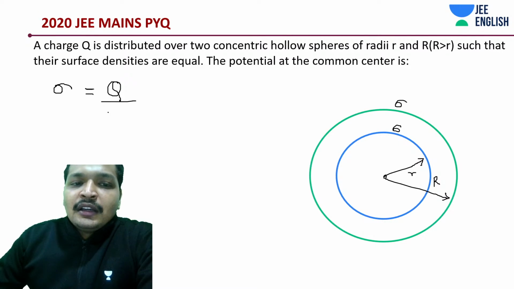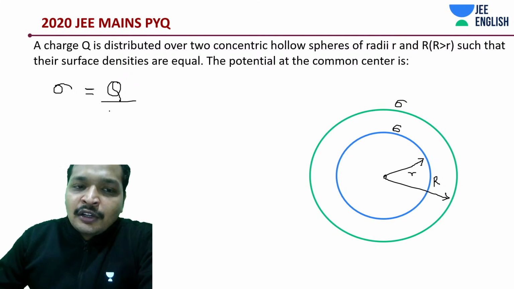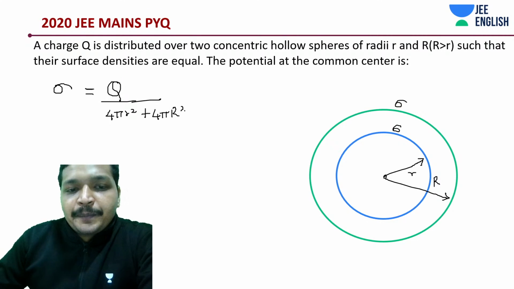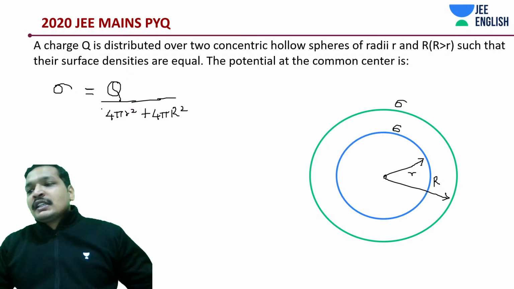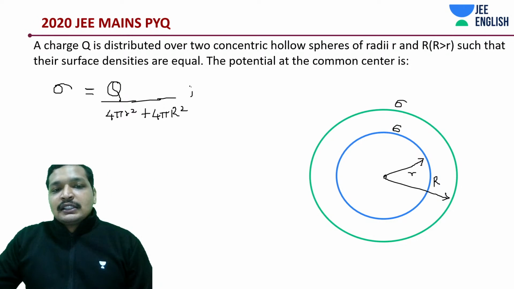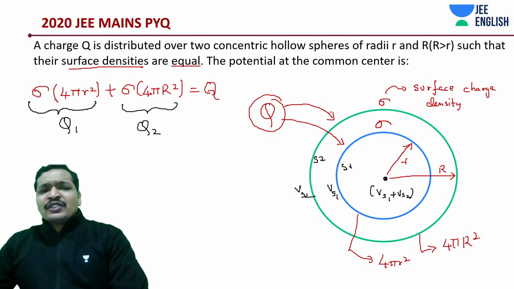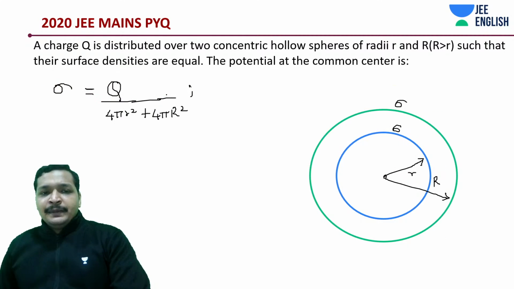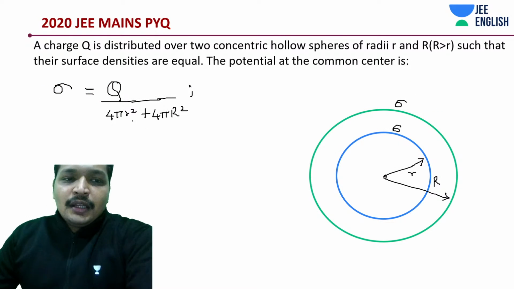So this should be surface area of 1 plus that of surface area of 2, which is going to be 4 pi r square plus that of 4 pi capital R square. Okay, but anyway, you could have guessed the answer within few seconds. That's a different thing. I've just taken out sigma as common. You'll basically have this term and this term. Right? Simple.